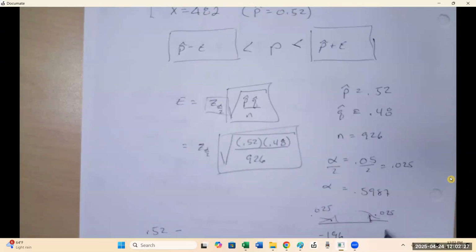And for this side, it would be 1 minus 0.025, which is 0.975. And 0.975 is 1.96.